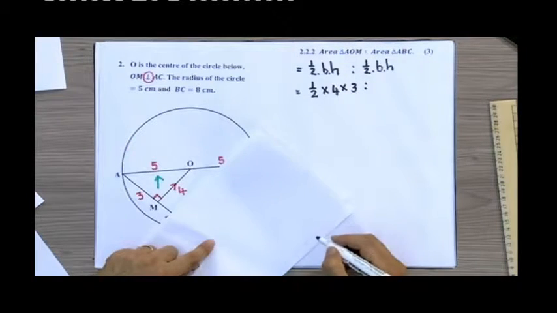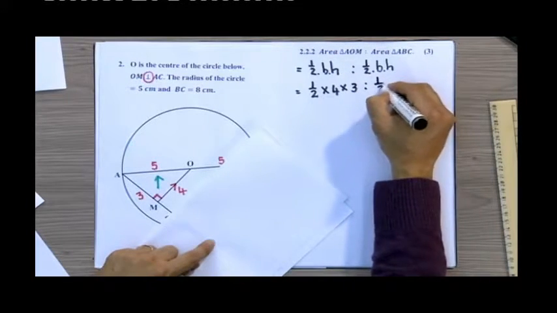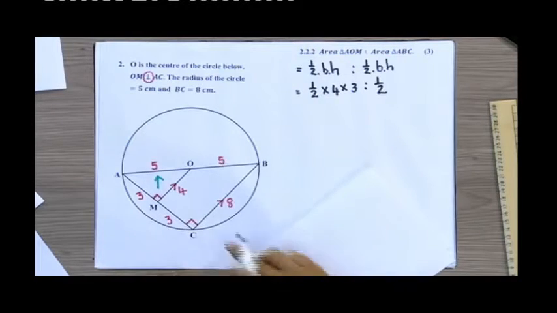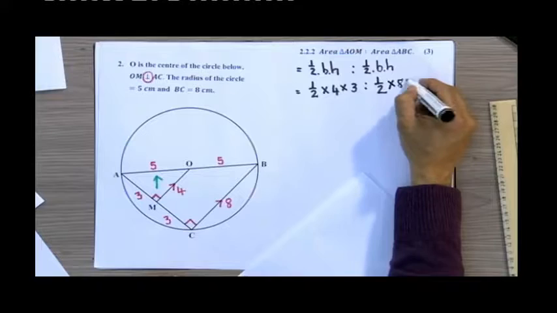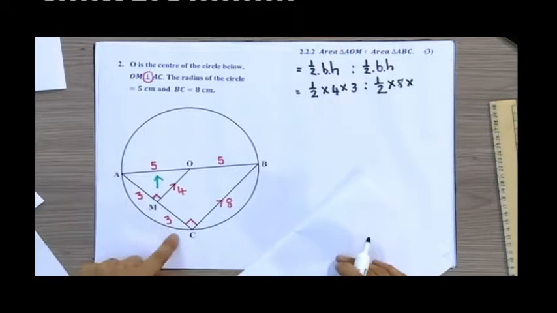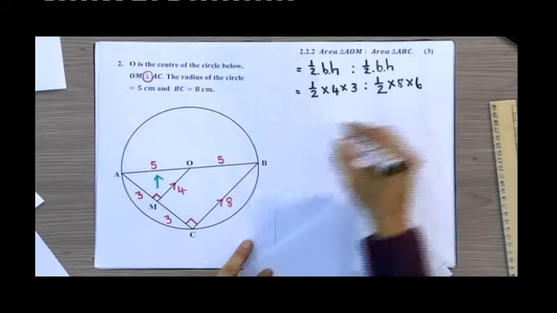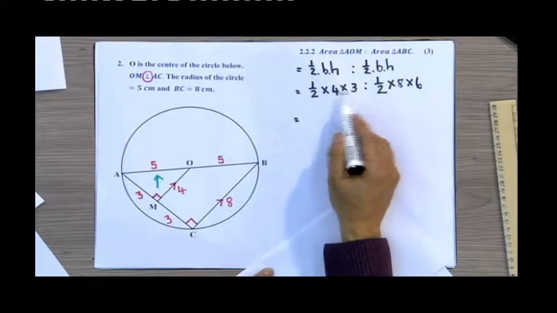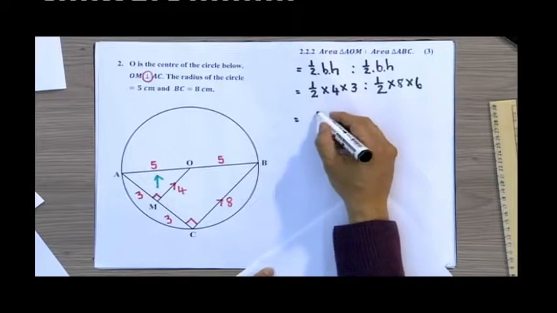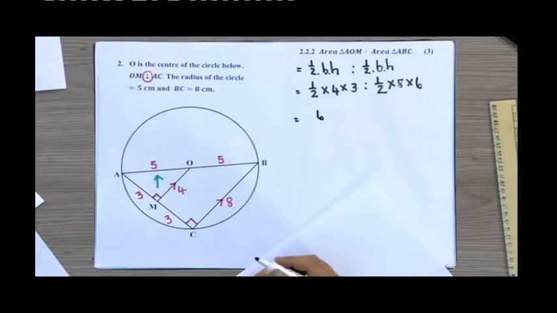You with me, guys? Now let's look at the big triangle. The base, there we have it. It's a half times 8. And what is the height? It's a 3 and the 3, that gives me 6. And therefore we can write down 4 times 3 is 12, and half of 12 is 6. You agree with me?